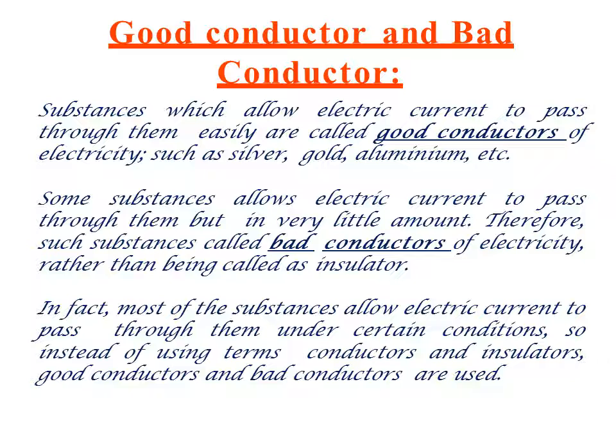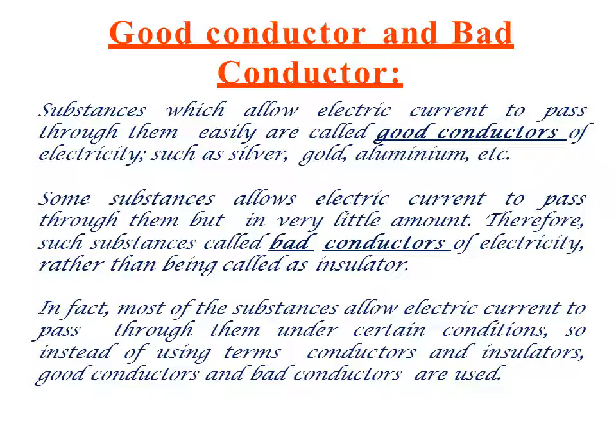but those substances which allow current to pass easily are called good conductors, and those substances which allow electric current to pass in a very little amount are called bad conductors. So in fact most of these substances allow electric current to pass through them under certain conditions.